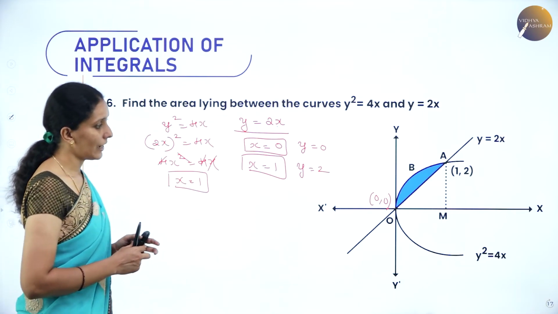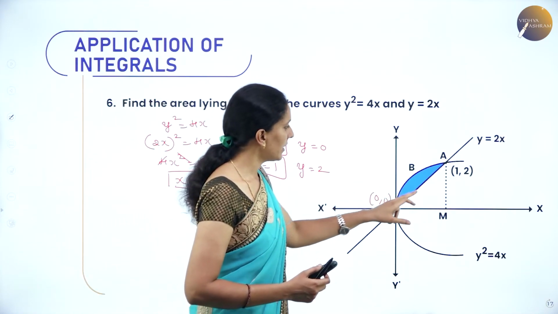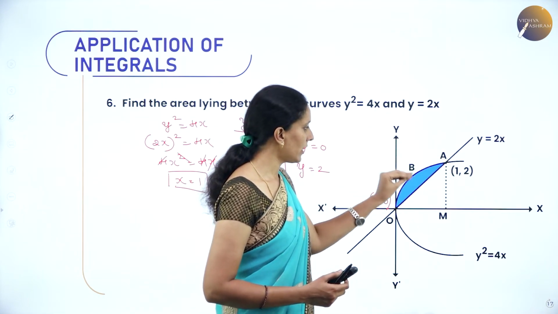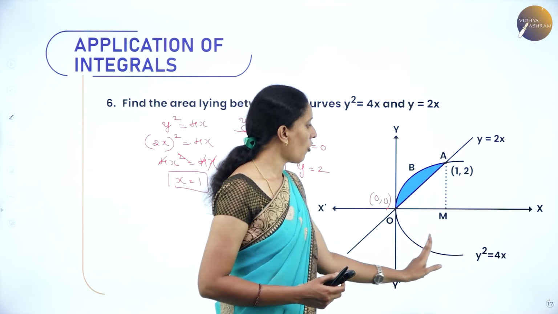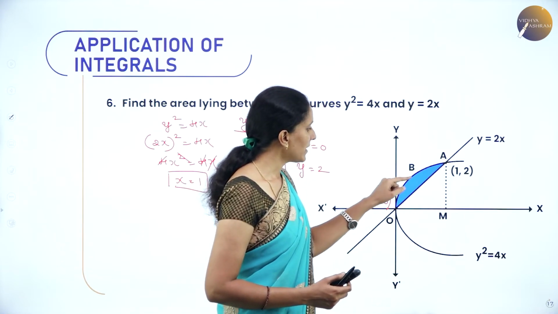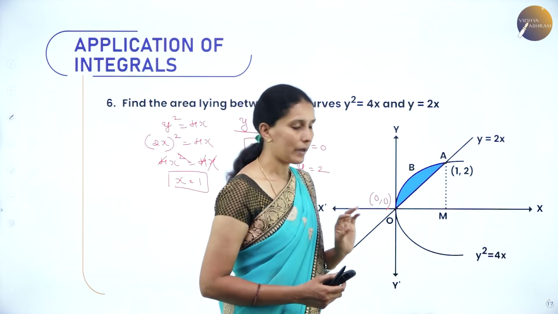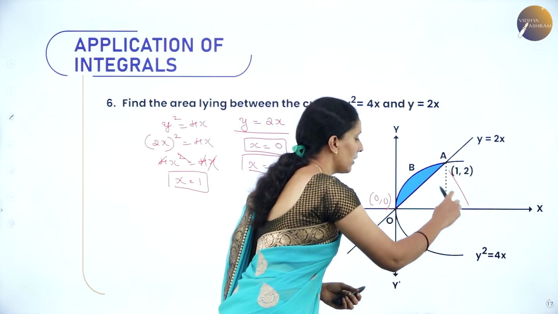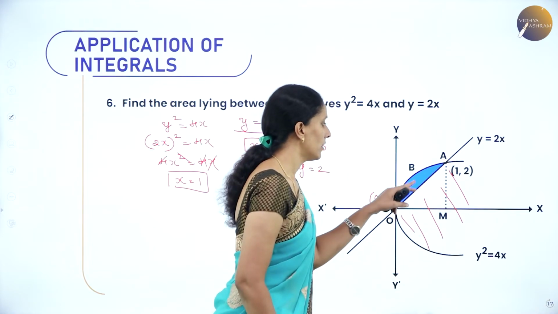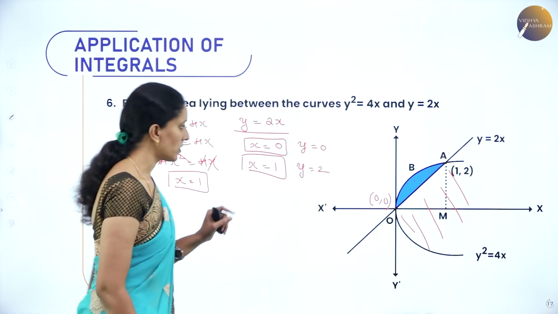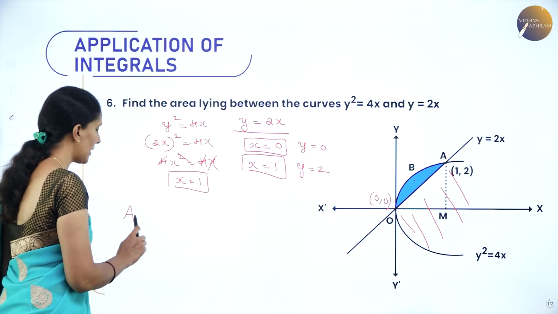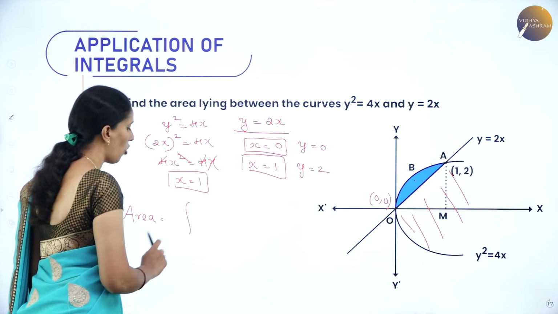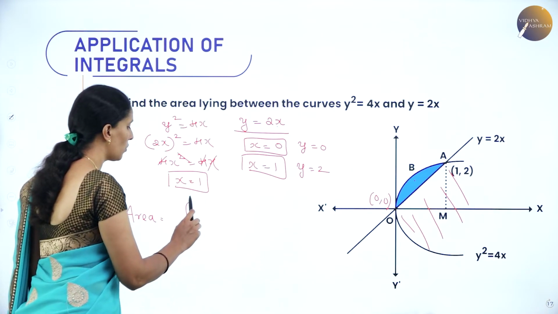So how to calculate the area? Here you can see, we have to find the area between these regions. That means the total area under the parabola has to be subtracted from the area covered by this. So the complete area, if it is subtracted from this area, then you will get the shaded region. So that is why we will take area is equal to integral of, what is the limit? 0 to 1.